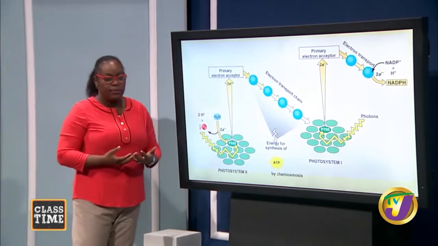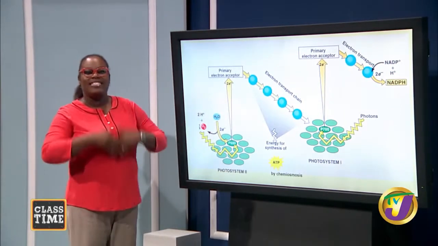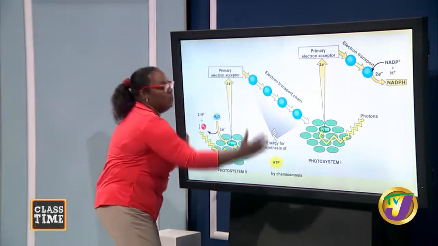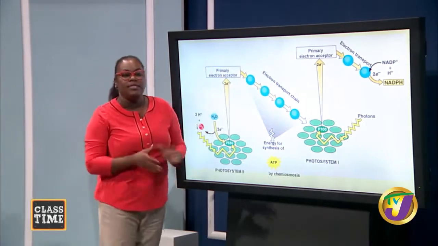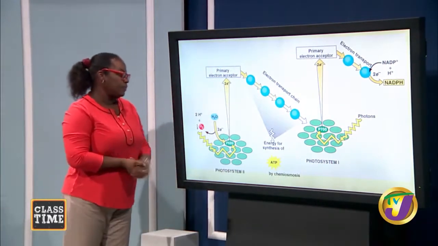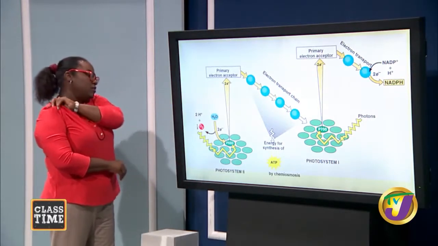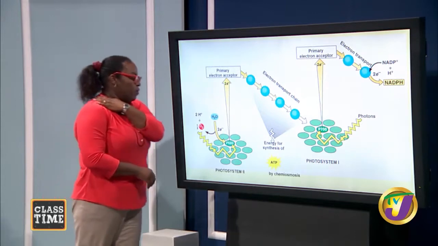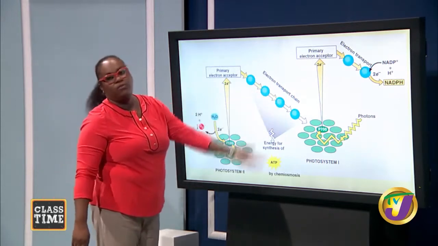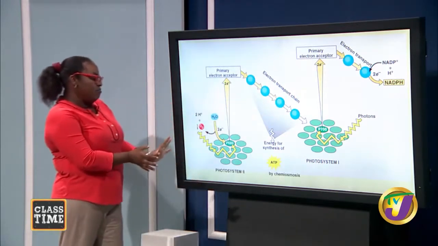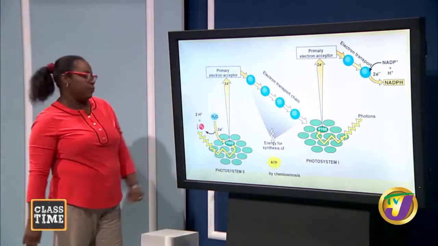And clearly, being a chloroplast, it will have several of these whole systems throughout the entire chloroplast. So let's start with photosystem 2. Even though it's called 2, as I said before, 1 was just found before 2. But everything really starts at 2.